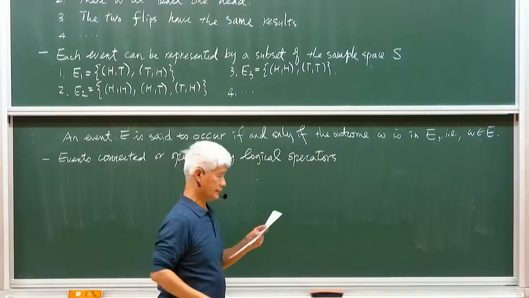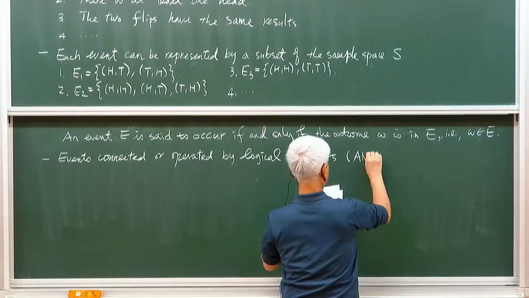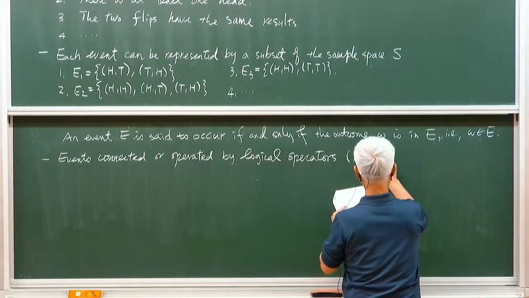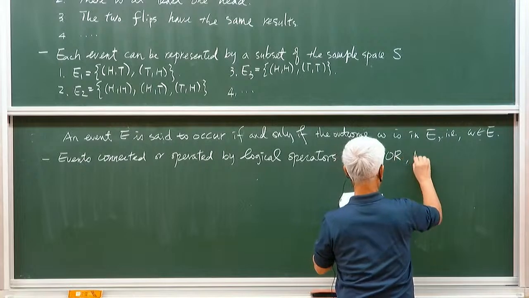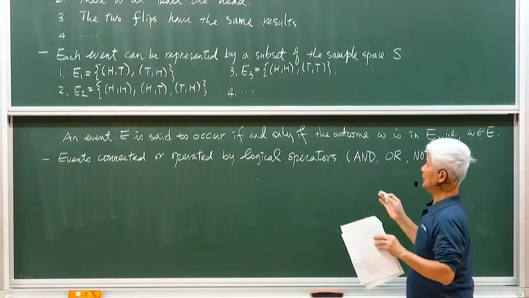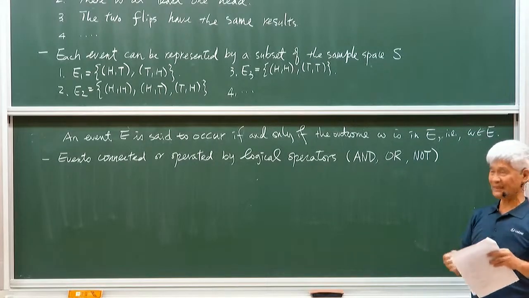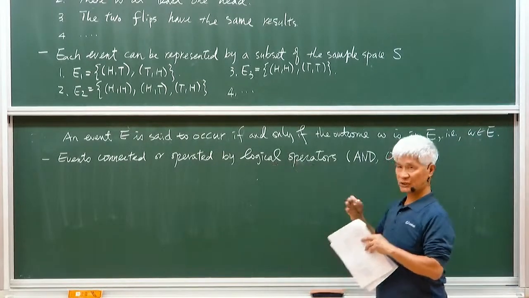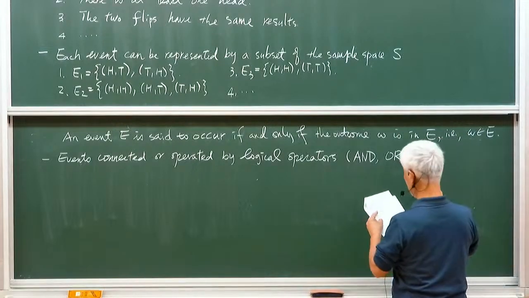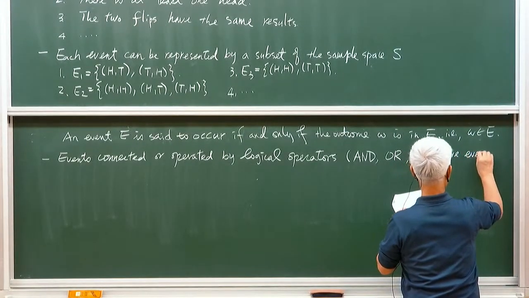So there are three simple logical operators: and, or, and not. So if we have two or more events connected or operated by logical operators, then the result should be an event too.